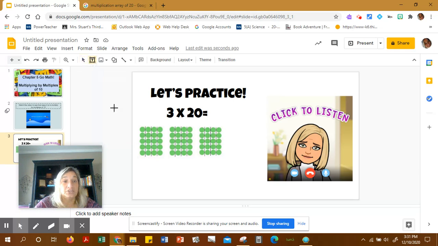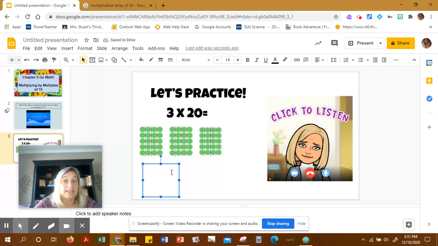Another thing that I could do is create an addition sentence. So I would have 3 groups of 20. Basically, I'm just creating an addition sentence to show that. So 20 plus 20 plus 20.